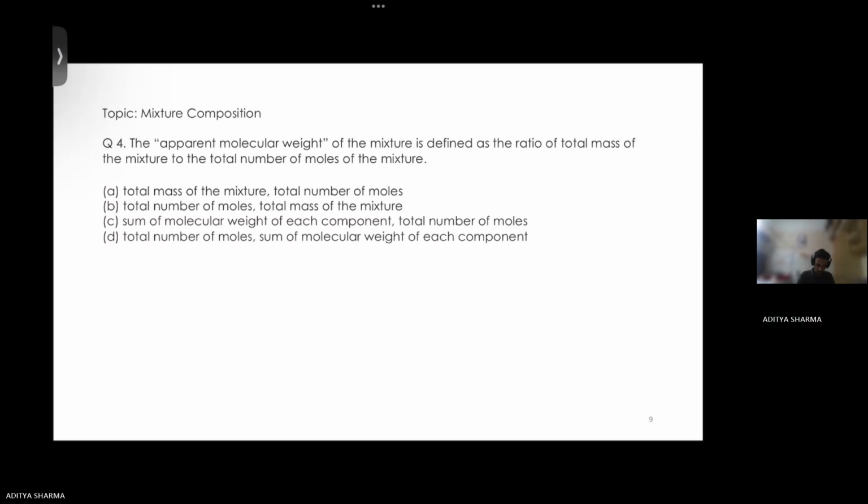So this question, I believe we will not consider for this session because it's not in proper form. So let's skip this and move on to the next question.